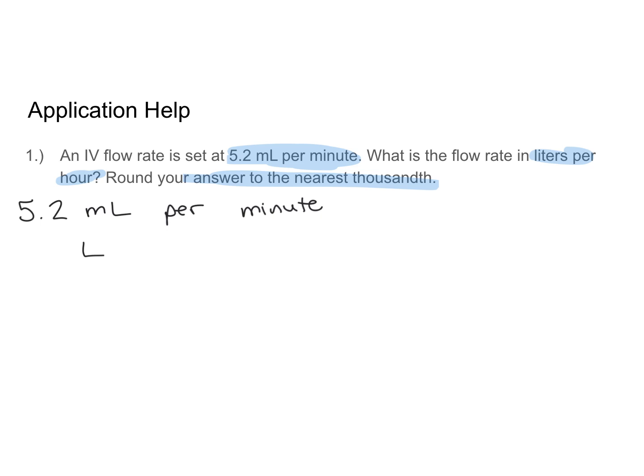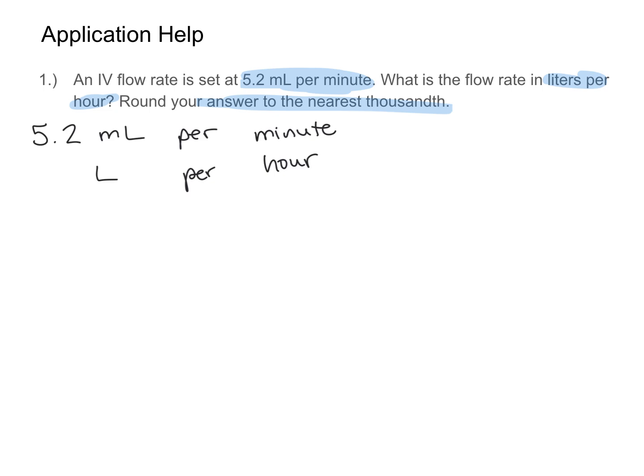to liters per hour. There's more than one approach to this, and you may choose to do something different. The first thing I like to think about is the time. If it's 5.2 per minute, to figure out how many milliliters per hour, I can multiply 5.2 times 60, since there are 60 minutes in an hour.